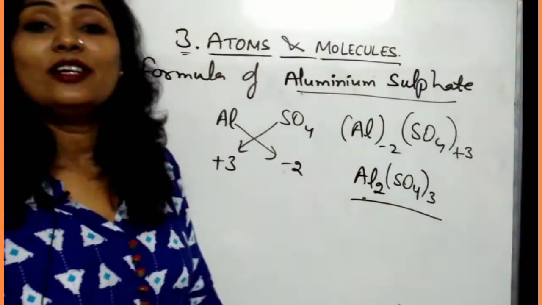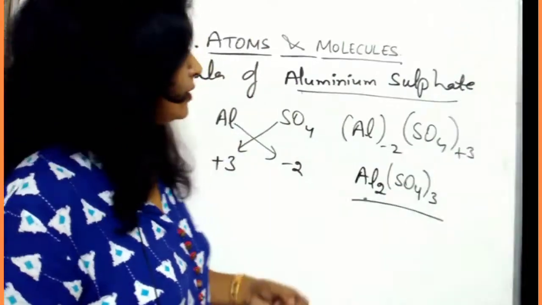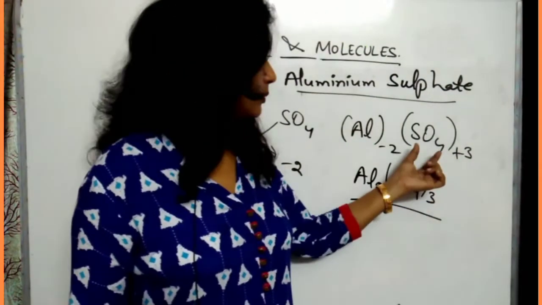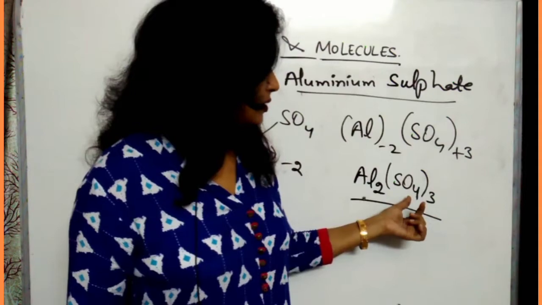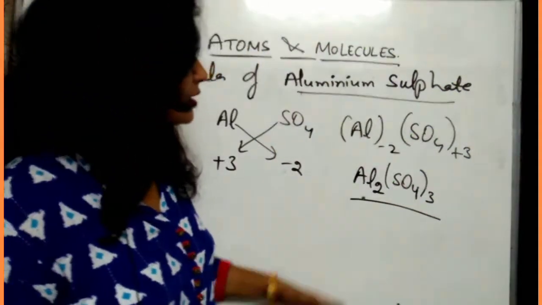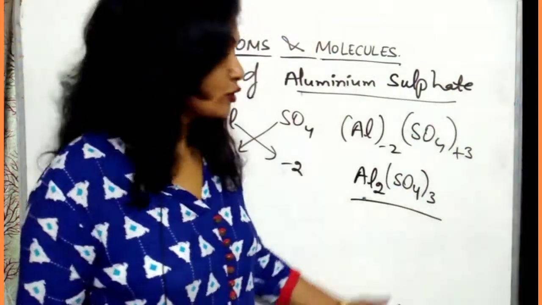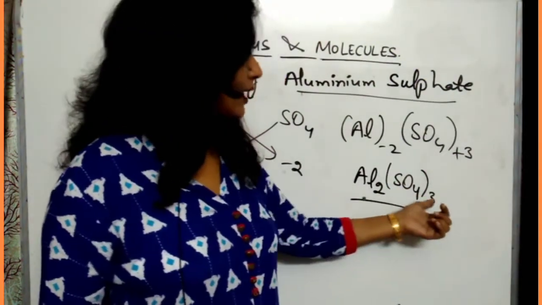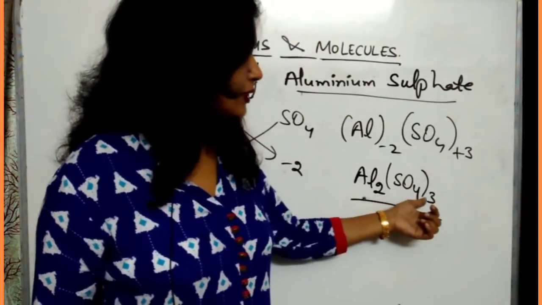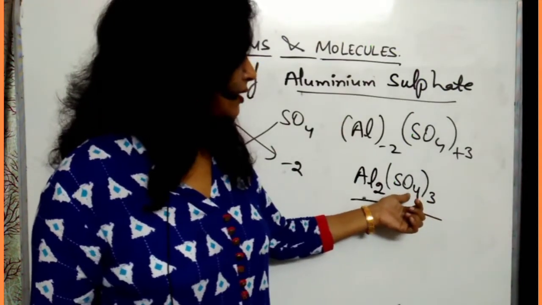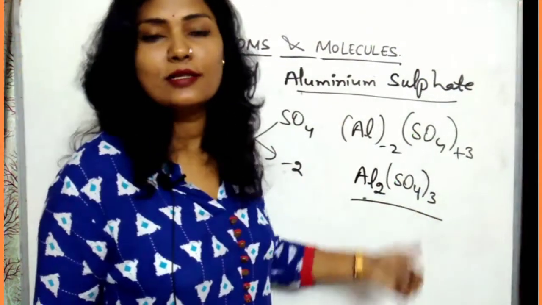So this is the formula of aluminium sulfate. We are not taking off that bracket here. Why? Because what is the number of oxygen atoms here? Sulfate contains 4, and 4 threes are 12. 12 atoms are here for the oxygen.